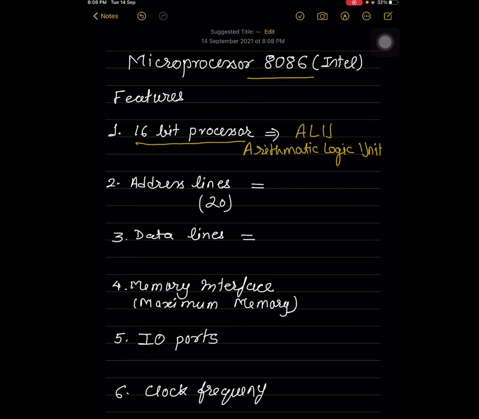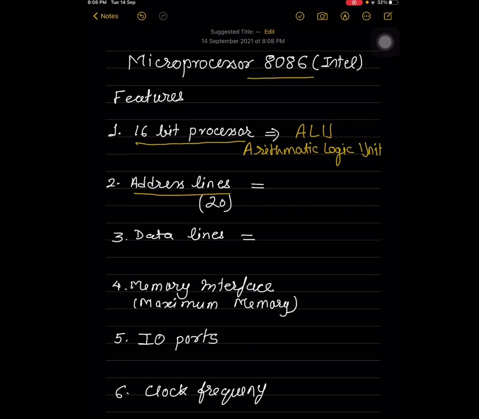Another important feature in 8086 is its address lines. Address lines are a very important part of any microprocessor. A microprocessor does not operate alone in any system. It operates with other devices such as memory, input-output devices, and certain other chips also.